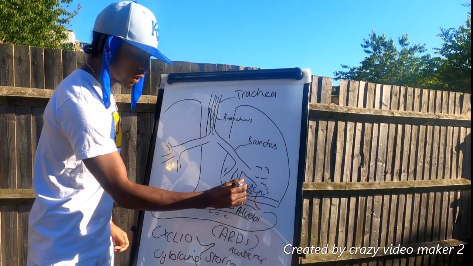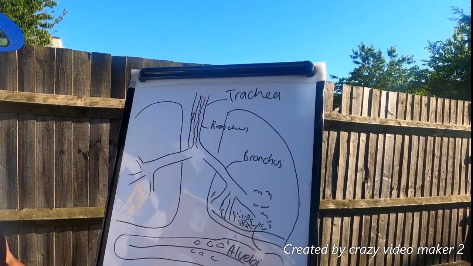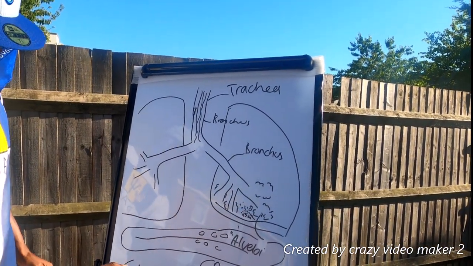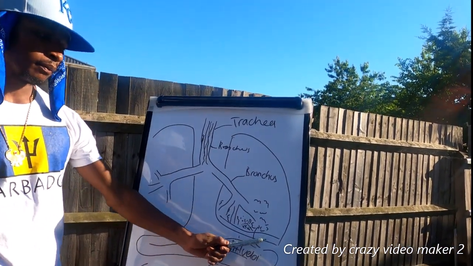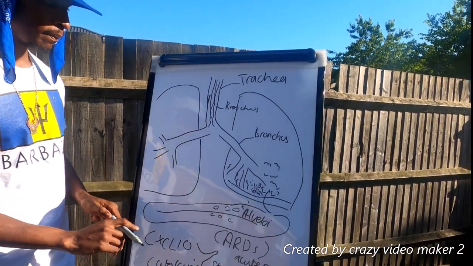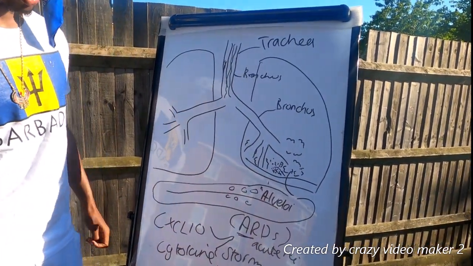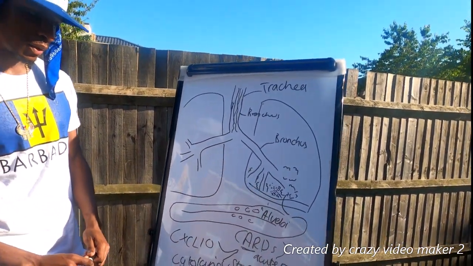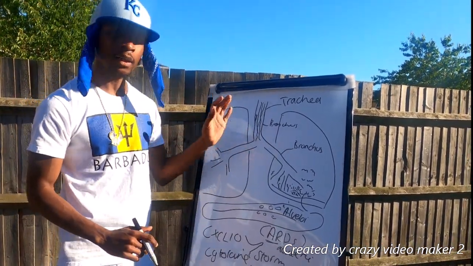When the virus is infecting the area, the immune system and the inflammatory mediators flood the lungs trying to get rid of it, and this causes the ARDS. So this is how people can die.